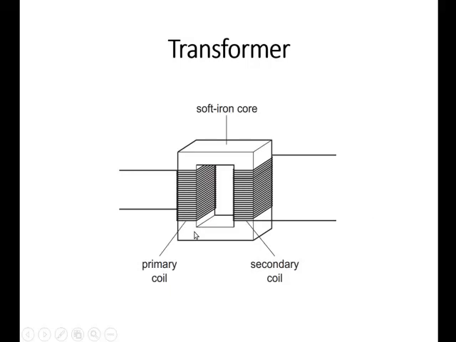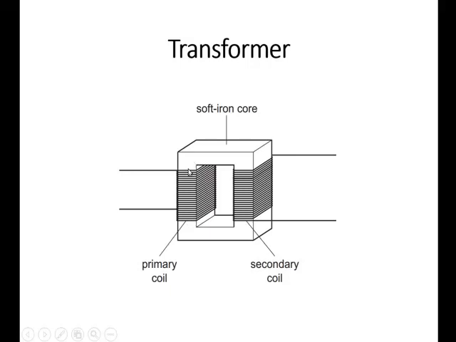Now, what is happening? We supply a changing electric current through this wire. Take note of this. And remember from a previous lesson, if a current flows through a wire, it creates a magnetic field around it.